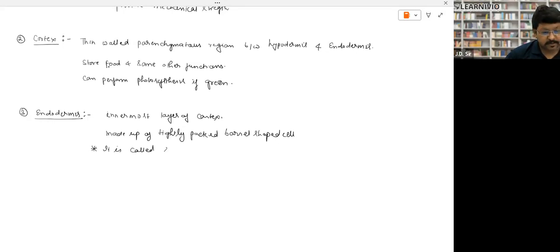It is called starch sheath in case of dicot stem. This is also called starch sheath, that you need to remember, right? Endodermis.